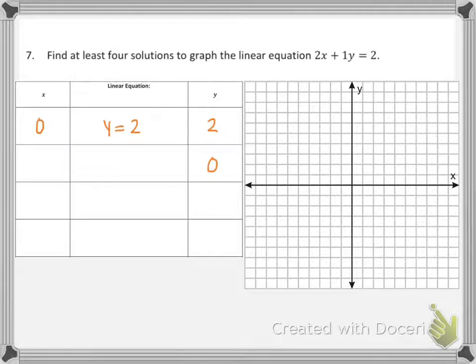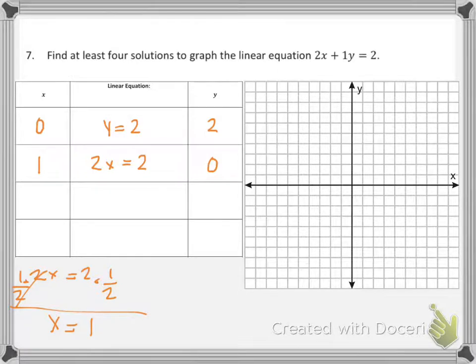That's always easy because we would get 2x, and then 1 times 0 is 0, so that's gone. So 2x equals 2. And then if we multiply by the reciprocal, we can get our answer for x. So that's 1 over 2 multiplied by 2, and we get x equals 1. Okay, that's good.